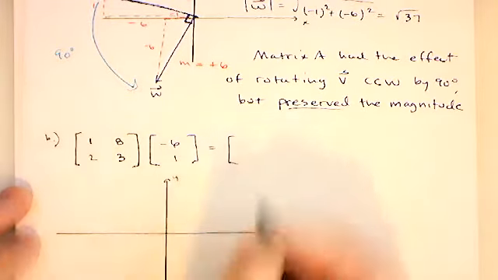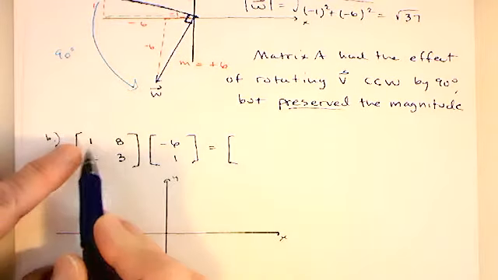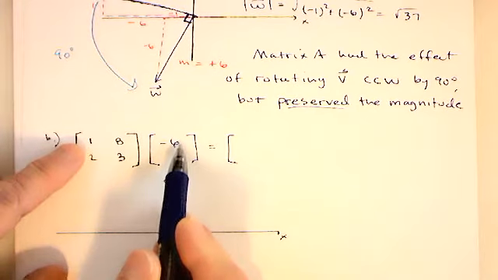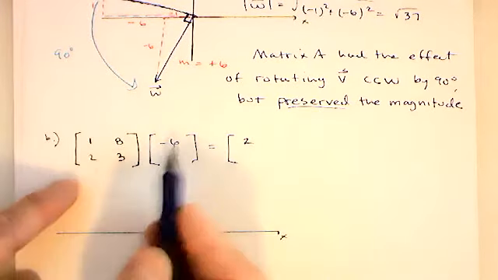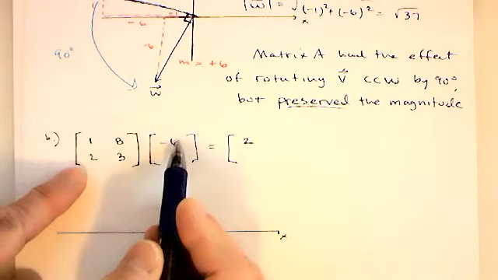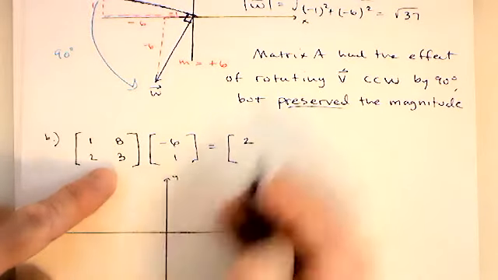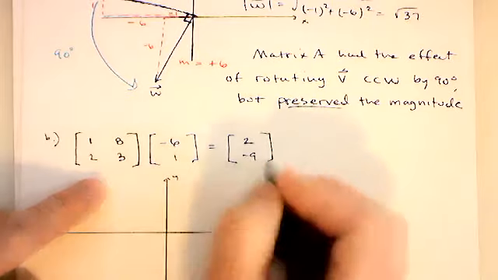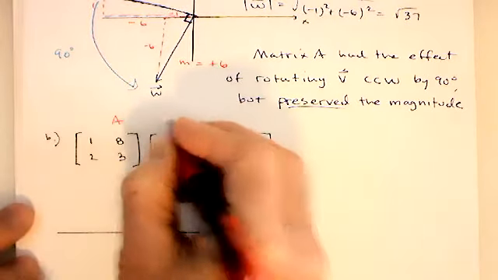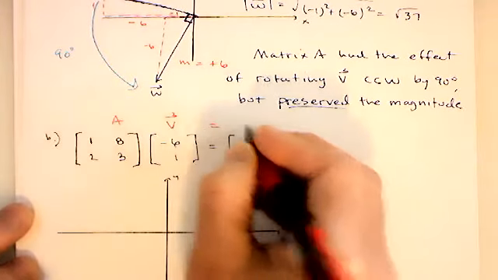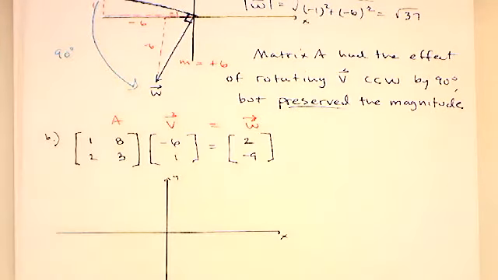Let's see what we get. First row times column gives me negative 6 plus 8, which gives me 2. Second row gives me negative 12 plus 3, which is negative 9. So if I think of this as A times V, it gives me a different vector W.